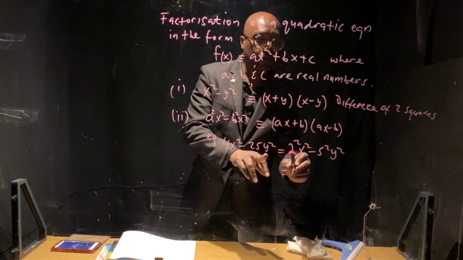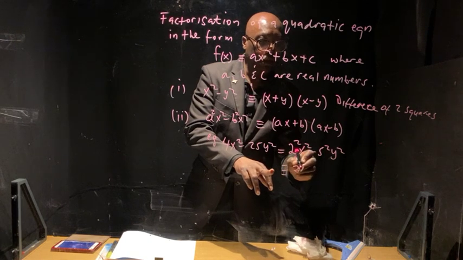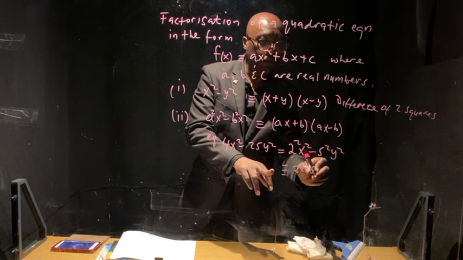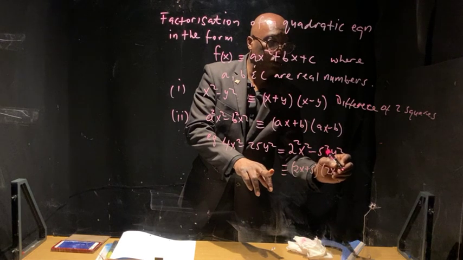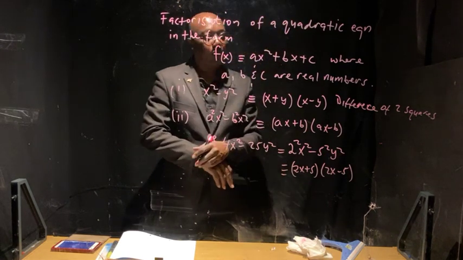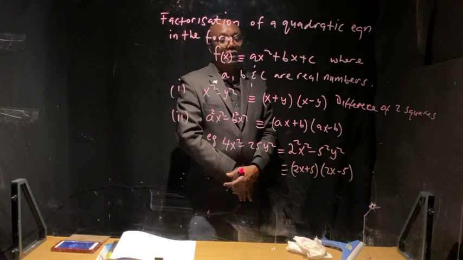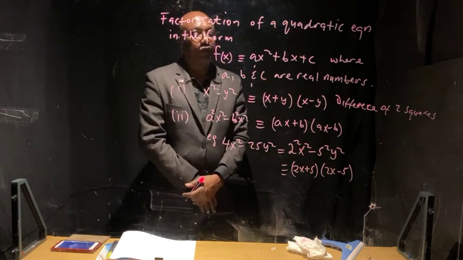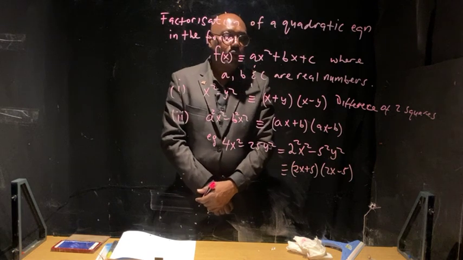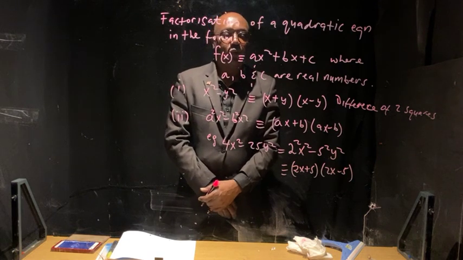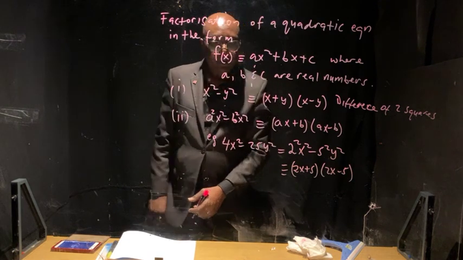This is not different from 2x plus 5y, 2x minus 5y. This identity is very important, and you should have the manipulation thereof on your fingertips.